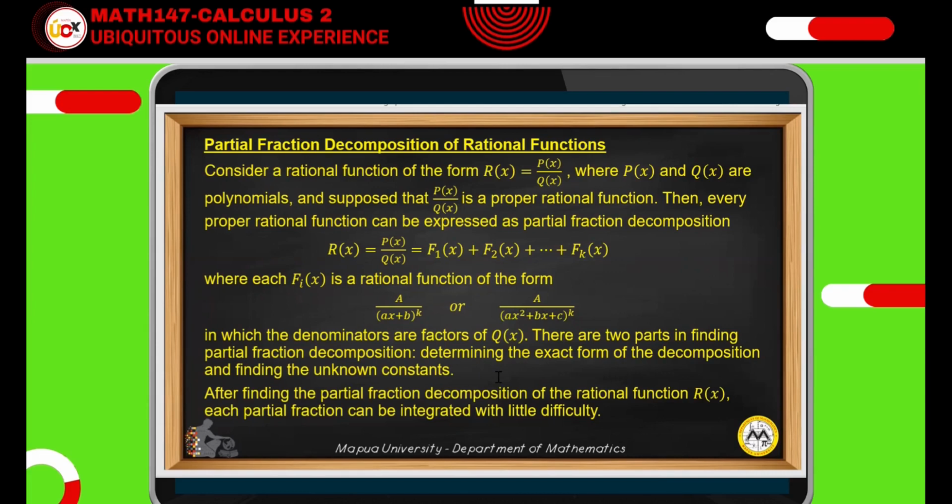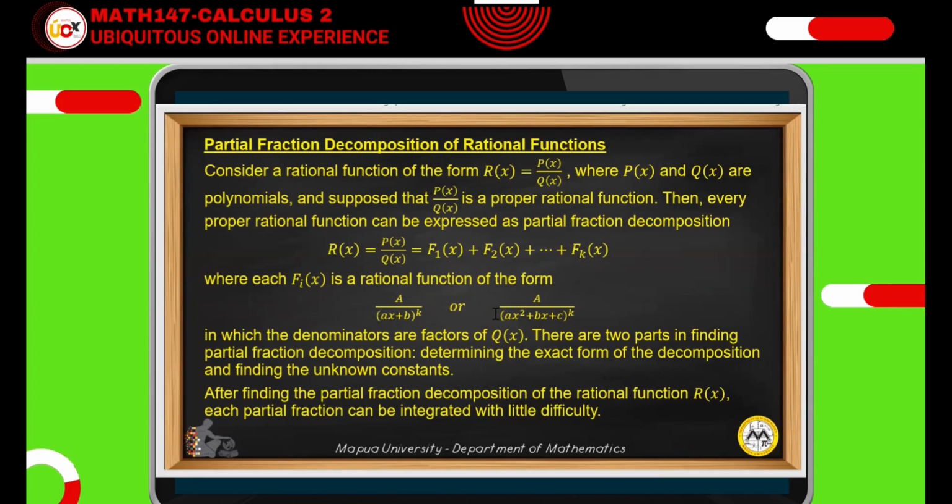In the discussion, we are going to divide it into two parts. The first part is when we decompose proper rational function into sum of partial fractions where the denominator contains distinct or repeated linear factor.